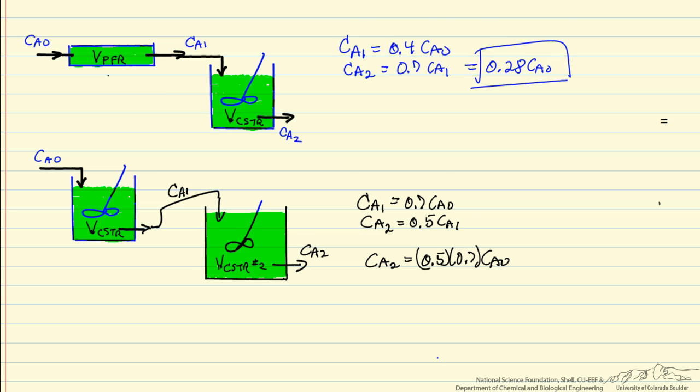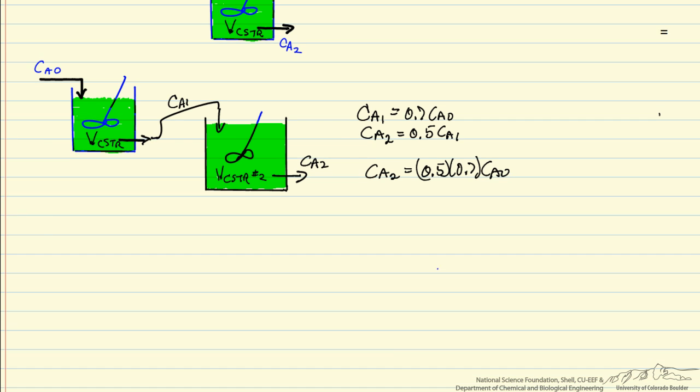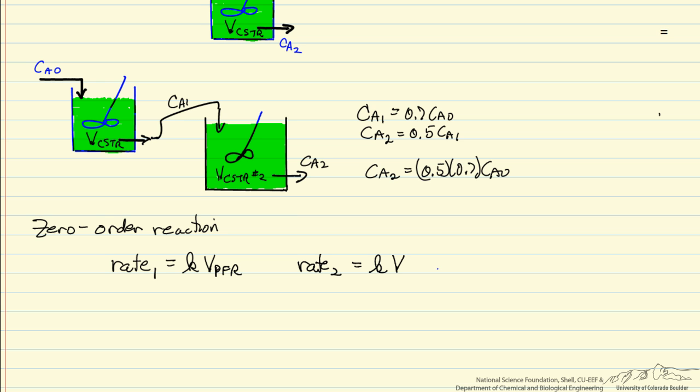And now let's briefly look at zero order reaction. So for zero order reaction, for a different reason, the order does not matter. And that's because for a zero order reaction, the amount converted is just proportional to the volume. So the total rate would be a rate constant times volume of a plug flow reactor, for example, say our first reactor, and the rate in our second reactor would be k times the volume of the CSTR.